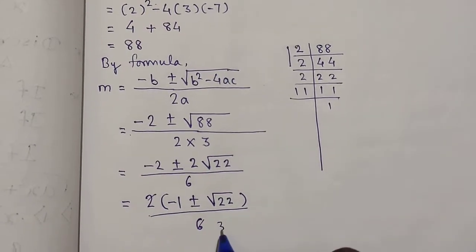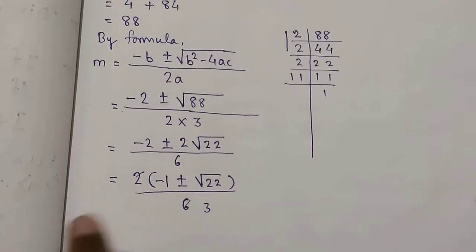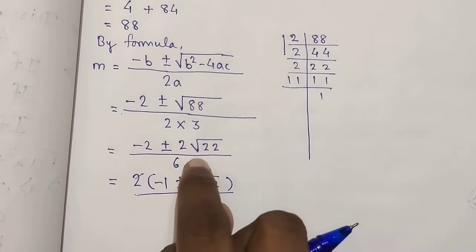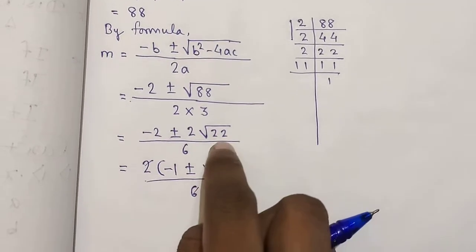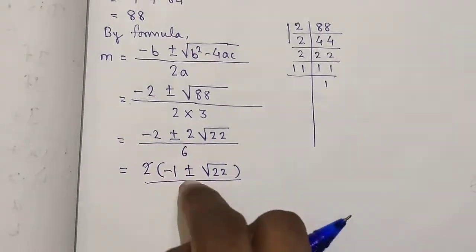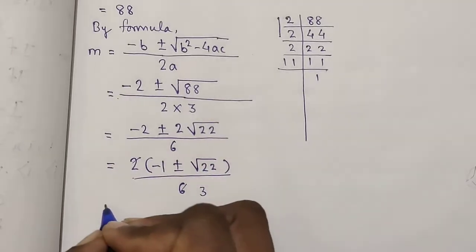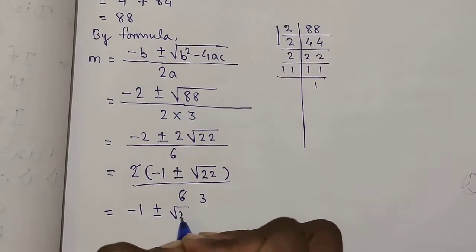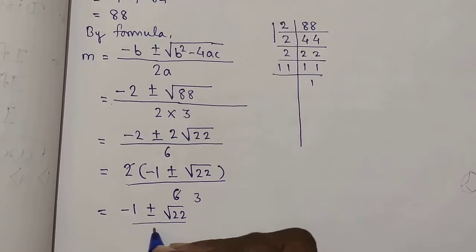2 3s are 6. Okay, again I am repeating, don't cancel in this step. If you do that, you will get it wrong from this step itself. Better take common and then do the cancellation. Now what is remaining here? Minus 1 plus or minus root 22 divided by 3.